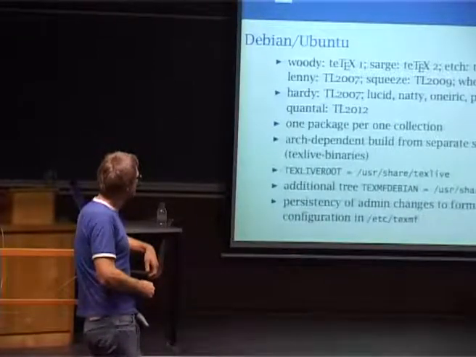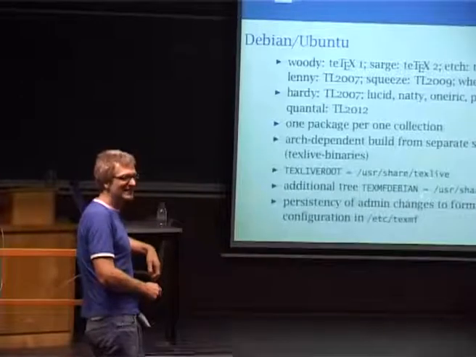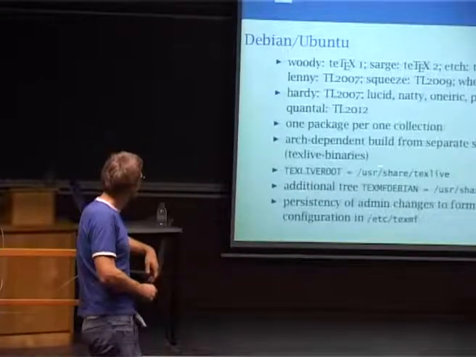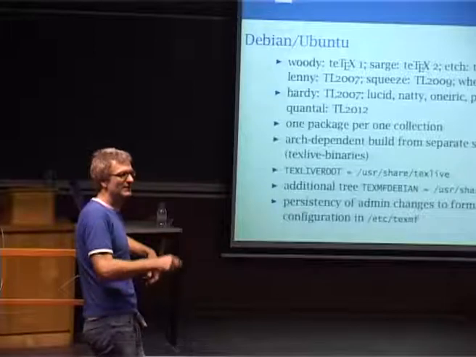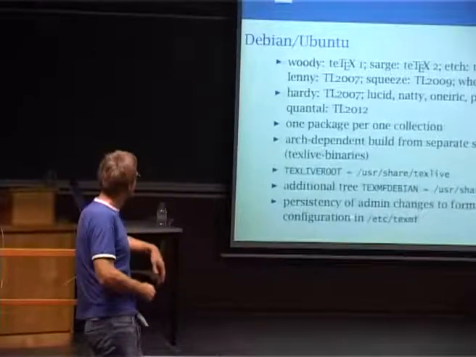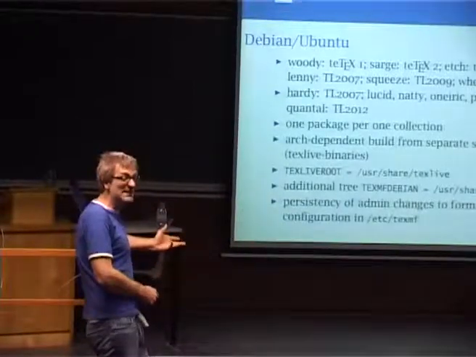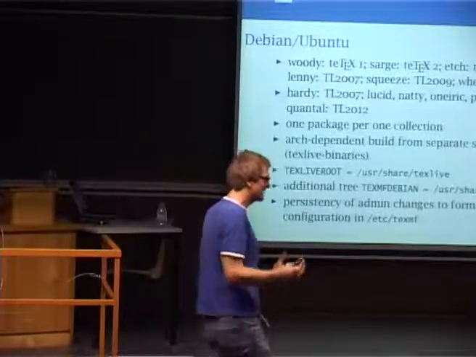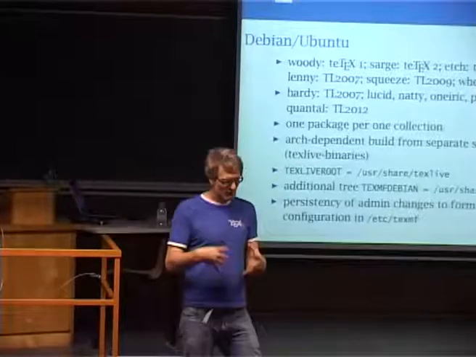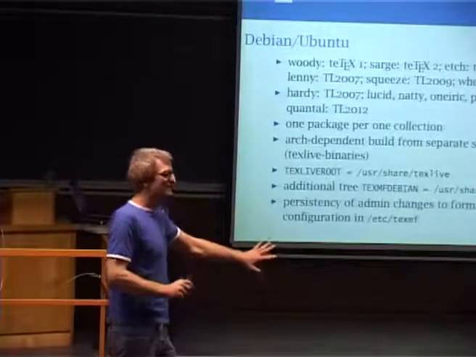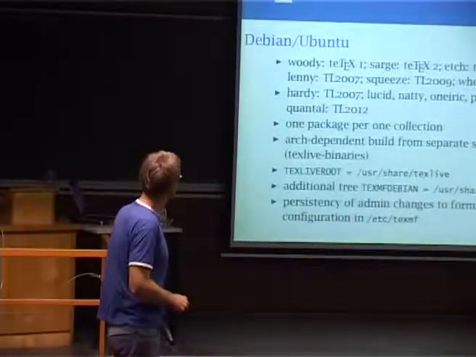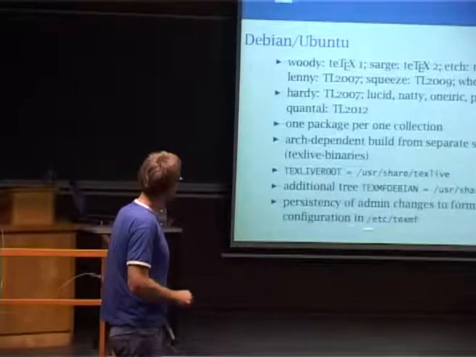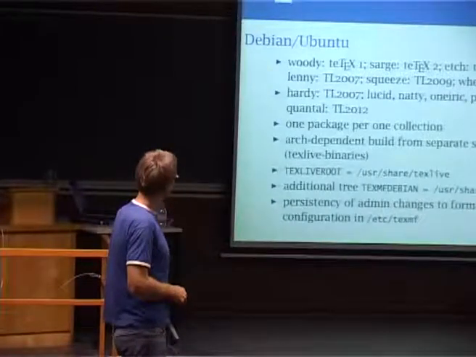Our TeX Live root, as of 2012, is in /usr/share/texlive. That's new since 2012. So we have /usr/share/texlive and texmf-dist there. We add an additional tree, which we call texmf-debian, which is /usr/share/texmf, where packages that are packaged separately from TeX Live install some files. And I think we are the only distribution actually having this persistency.